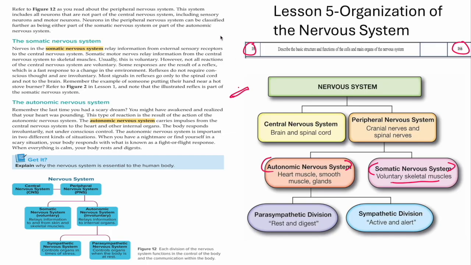And remember that all these actions happening in the skeletal muscle are voluntary. There are reflex actions. We learned about the reflex arc. The reflex actions are the actions that happen without the involvement of the brain, right? Brain is not involved.